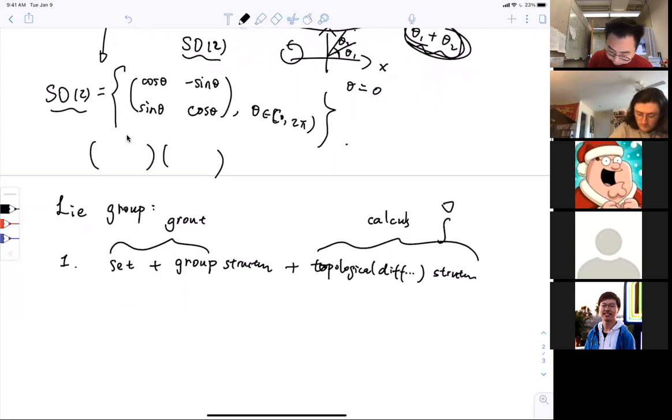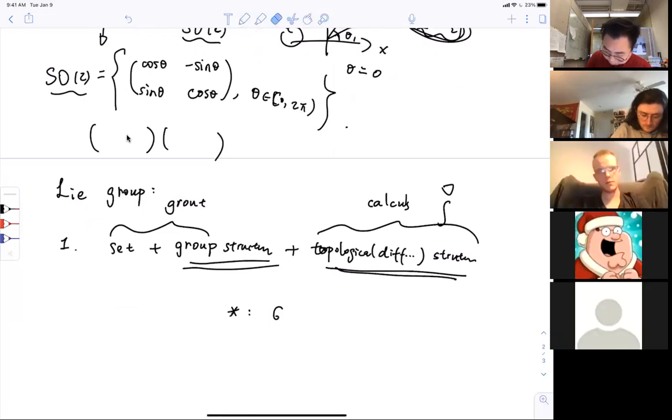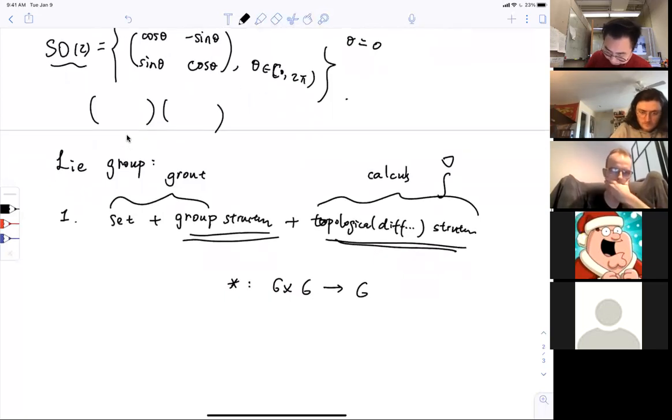And of course, we want those two structures to be compatible with each other. That means there are two operations. I'm giving you a relatively rigorous definition, but you will see what this means.